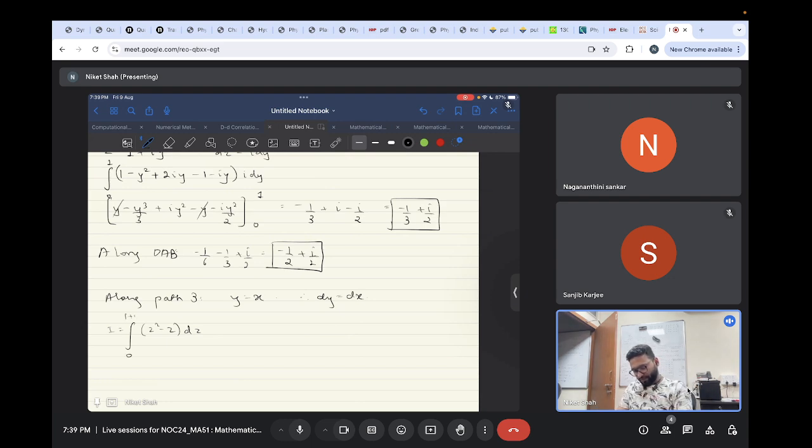So this becomes equal to the integral where z is x plus iy, so z square is x square minus y square plus 2i xy, minus x plus iy.